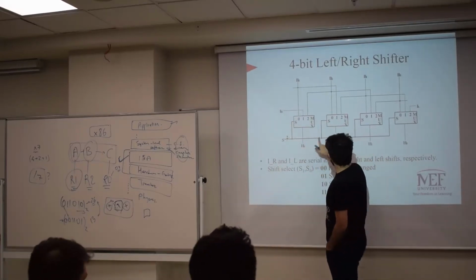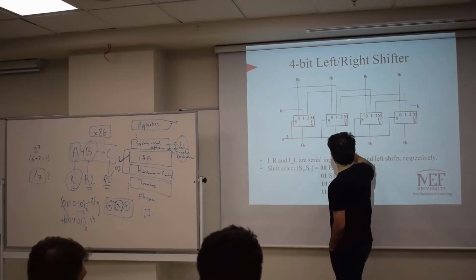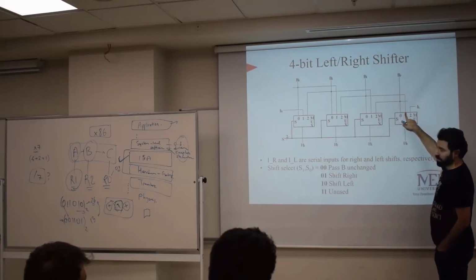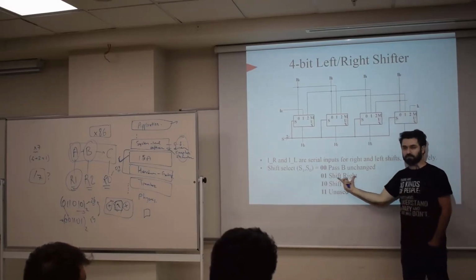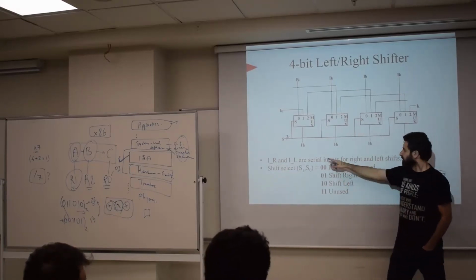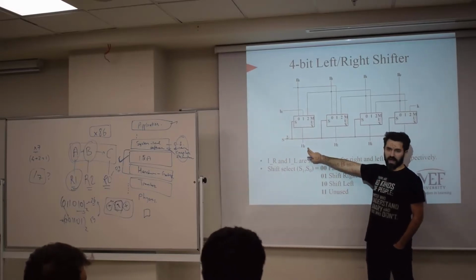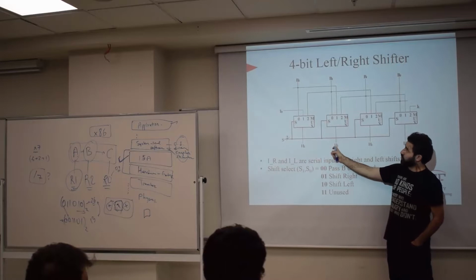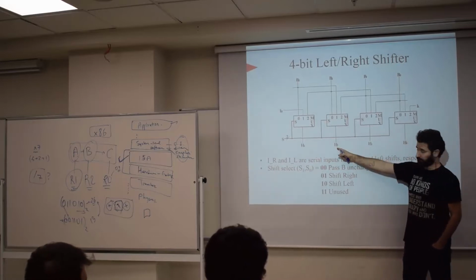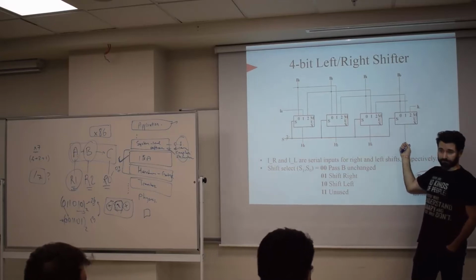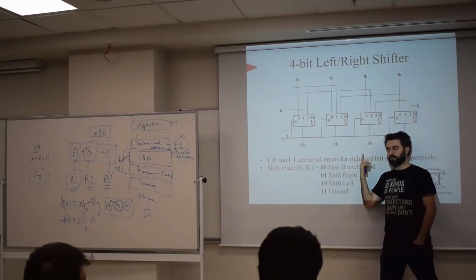Now, how about here? Well, this is going to be B3, this is going to be B2, this is going to be B1. So that actually means it's shift right. Because whatever is coming from the left-hand side is your most significant bit now. But this is now B3, H2 is B3, H1 is B2, and H0 is B1. Okay, so it's shifted to the right by one bit.